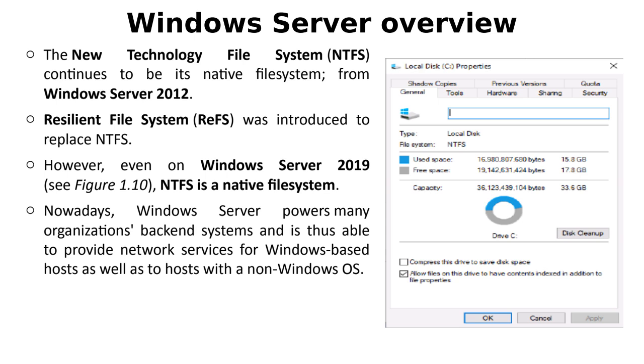Also, the file system improved. We had NTFS. We now also have ReFS. ReFS is for specific features, more features. But the native file system is NTFS.